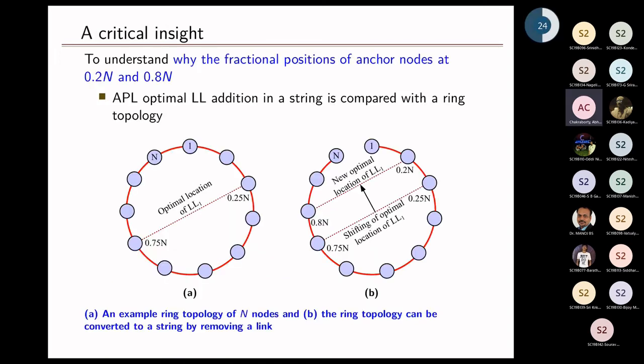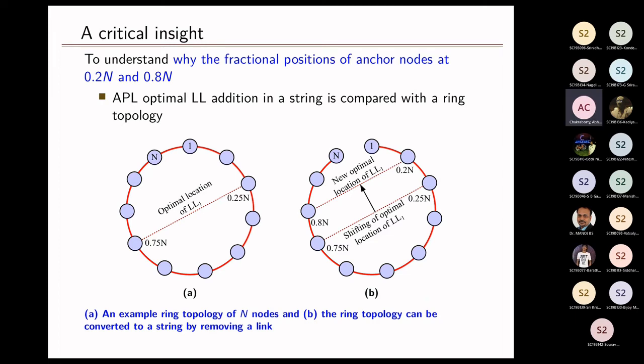For that we tried to see if we have a ring network and we want to run the same thing to minimize average path length. Where to connect? We have seen it is connected between 0.25 and 0.75 in an n node network. But say we remove one link, here between 1 and n, obviously it becomes a string.